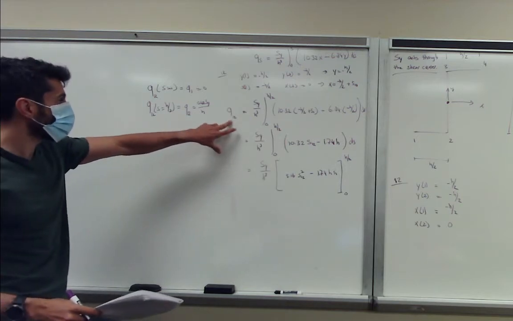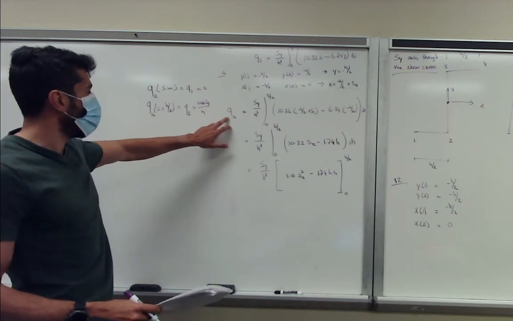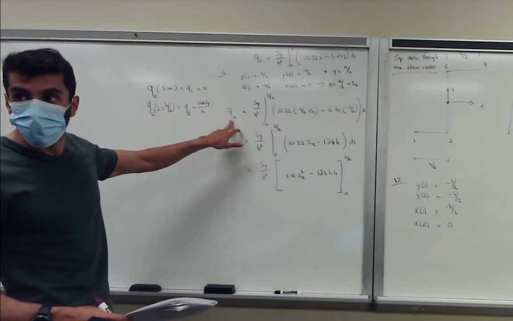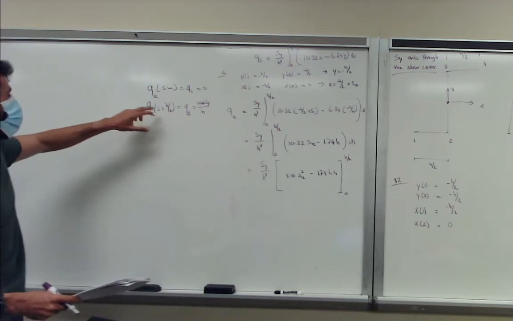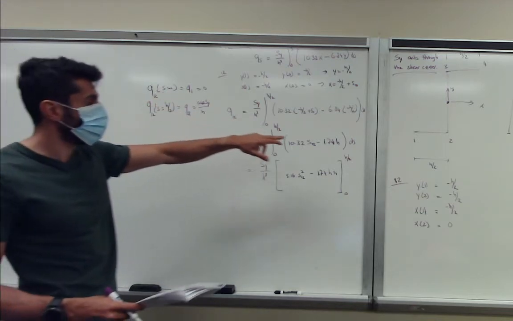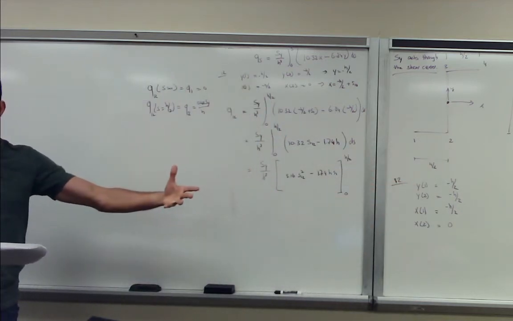So a couple of things. We define this as the shear flow along the path 1, 2. So the shear flow variation along 1, 2. And once we plug in the coordinates of 1 and 2, it becomes the shear flow at that location.